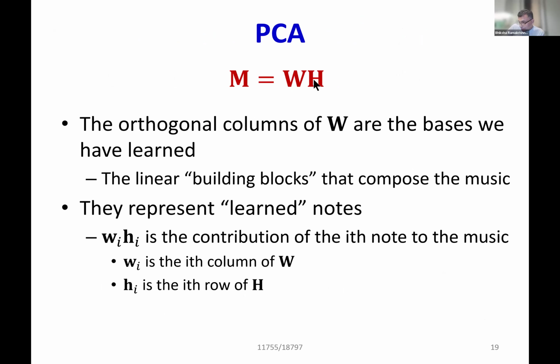And so the columns of W are going to represent the notes that we have derived from the music. Now, the rows of H are their corresponding modulations, as we remember from the linear algebra class. So the contribution of the ith basis to the music is going to be Wi, the ith column of W, times Hi, which is the ith row of H.